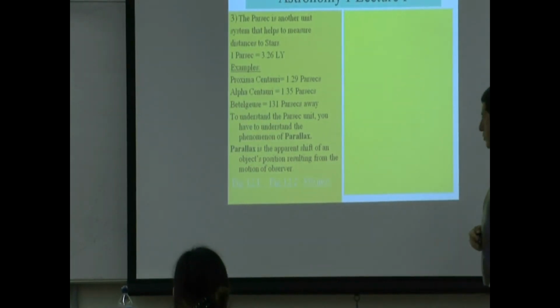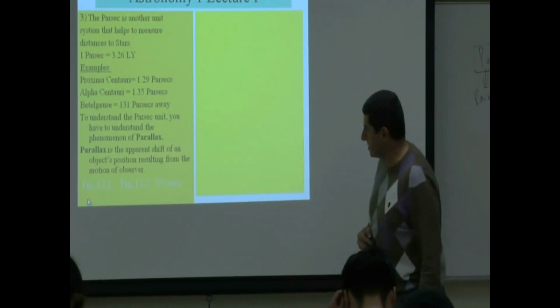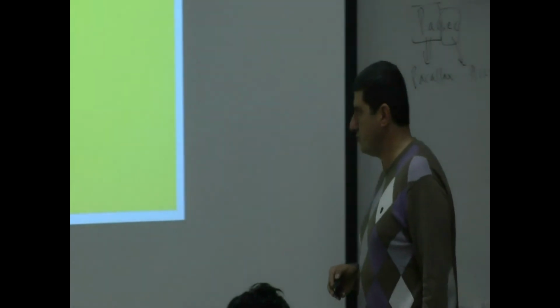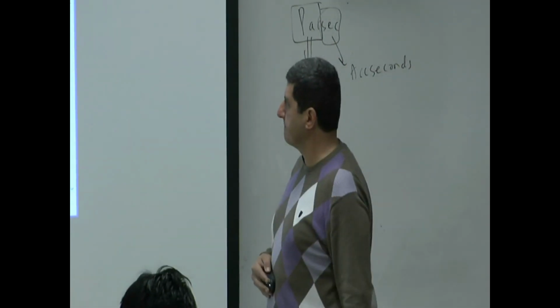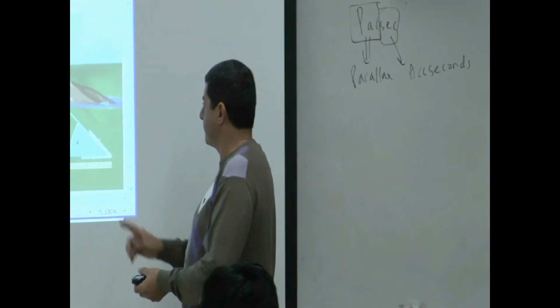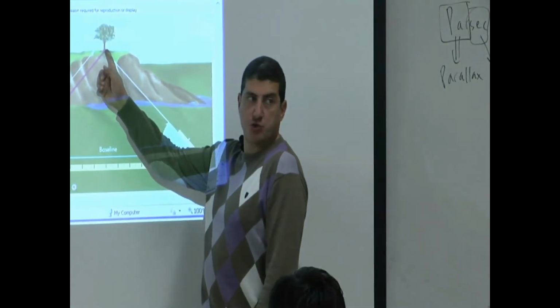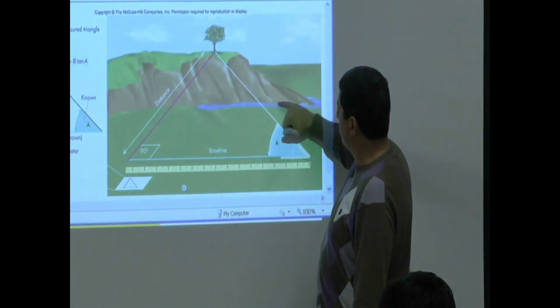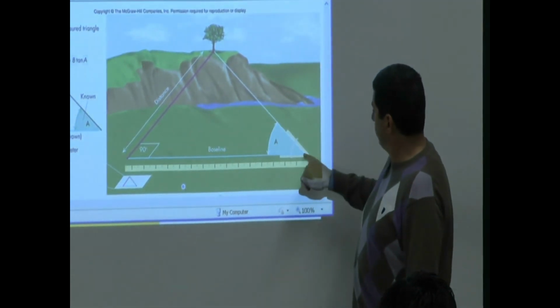Okay, so how do we use that in astronomy? Okay, here's a couple of pictures here. This is one use of parallax. If I want to know the distance to a tree, and I don't want to have to cross, let's say, a barrier such as a river, I put my platform here.